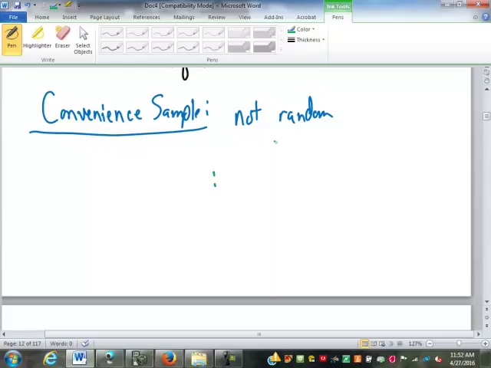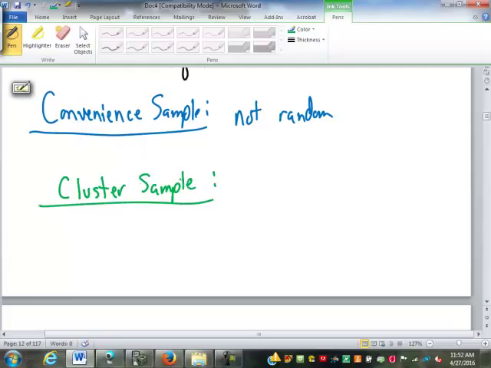And then I'm going to go to each of those classes and survey everybody in those classes. That is what's called a cluster sample. So I've broken all the students down into groups, and I'm going to sample a whole group at a time. That way, it gives me a larger amount of information with less effort.